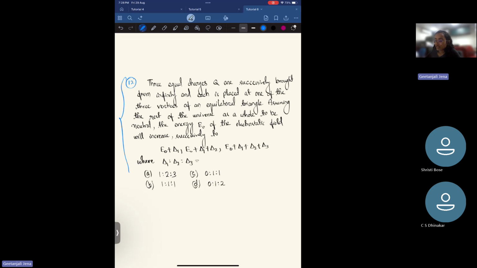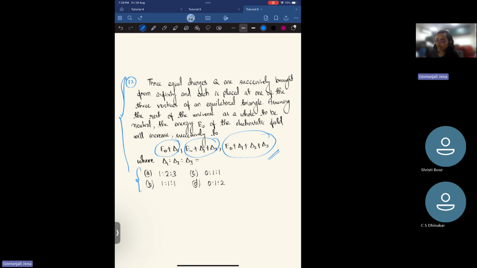Assuming the rest of the universe as a whole to be neutral, the energy E0 of the electrostatic field will increase successively to E0 plus delta 1 when you bring charge Q1, to E0 plus delta 1 plus delta 2 when you bring charge Q2, and to E0 plus delta 1 plus delta 2 plus delta 3 when you bring charge Q3. So you need to find the ratio of delta 1, delta 2, and delta 3.